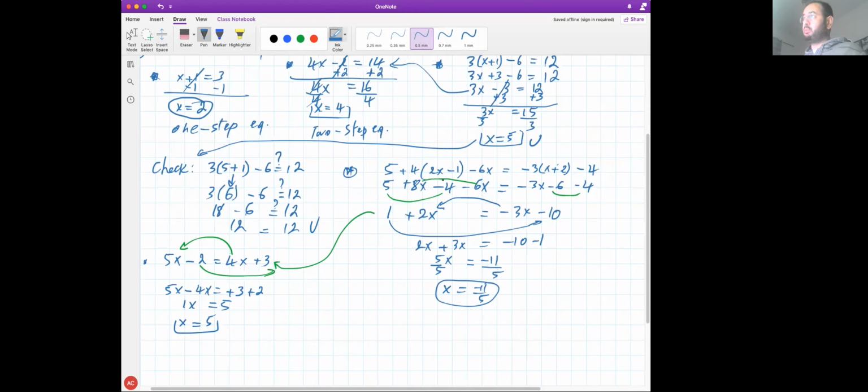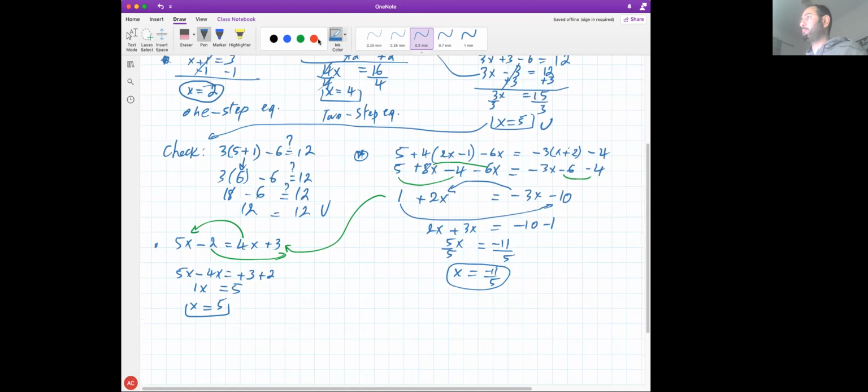But again, remember the main things, not the detail. Remember that you need to simplify each side. Basically, when we say simplify each side, we mean distribute, combine like terms, first, before you move anything to any side.